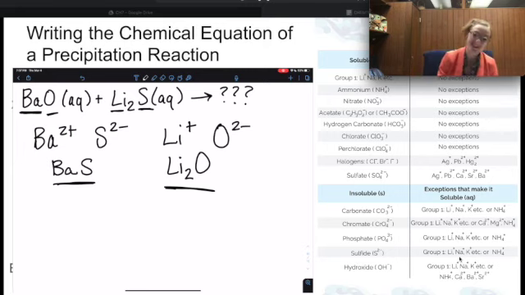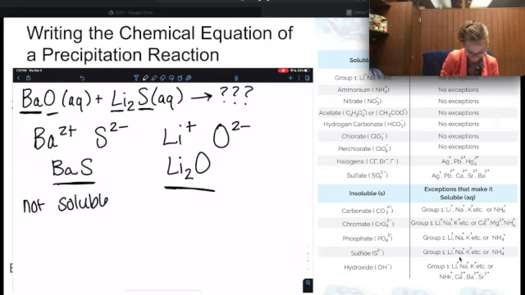However, barium is actually an alkaline earth metal. It's in group 2, so it does not count in these exceptions. So therefore, barium sulfide is insoluble. Not soluble, so it will be in the solid state.